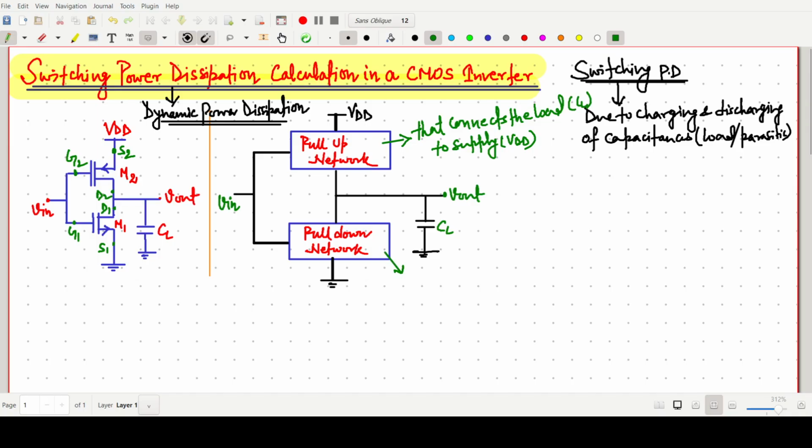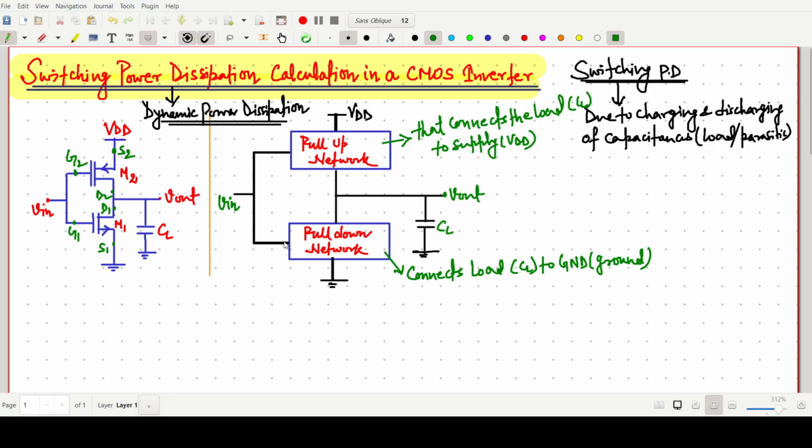On the other hand, the pull-down network connects the load, that is our CL, to ground. So this is a CMOS inverter.